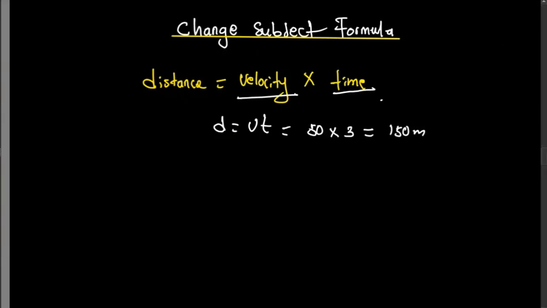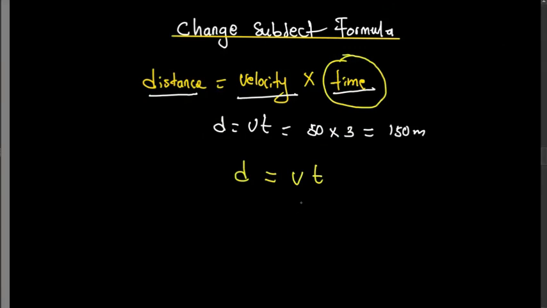Okay. So let's get back to what I was trying to say. In a situation where you are given the distance instead, and you're asked to find, for example, time, you have to change the subject of formula for time to be equal to the rest of the terms. To change the subject of formula, we're going to use a very basic method. The main formula is d is equal to velocity times time. Now make time the subject of formula.